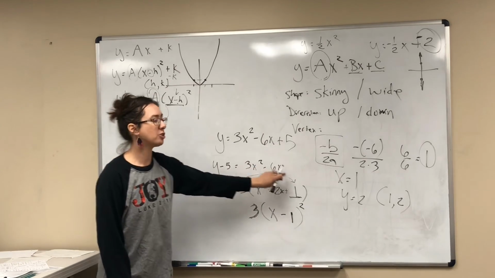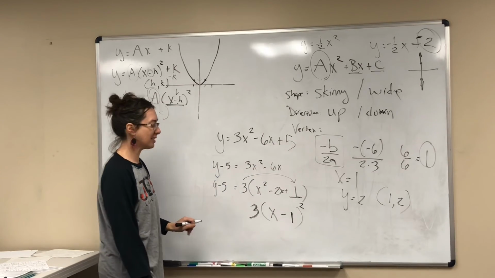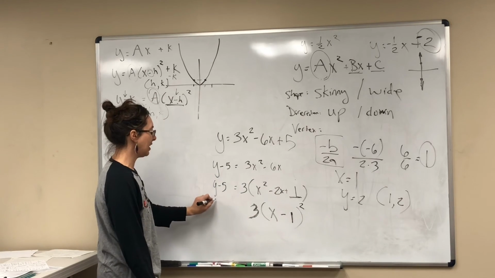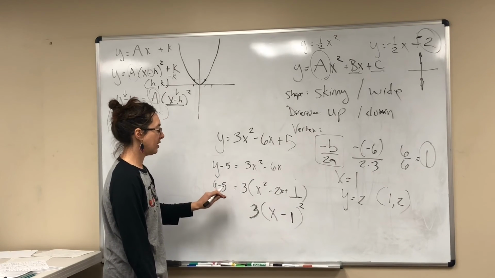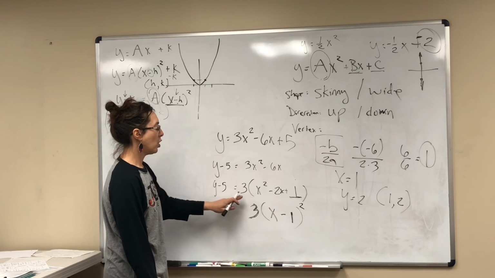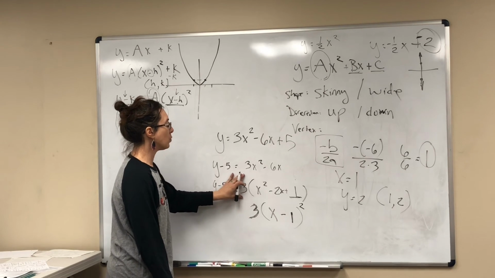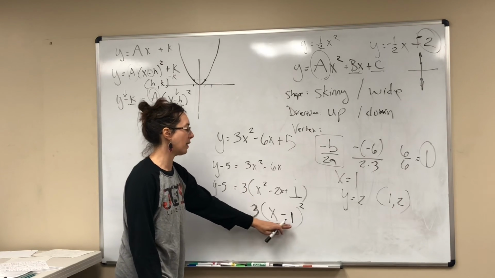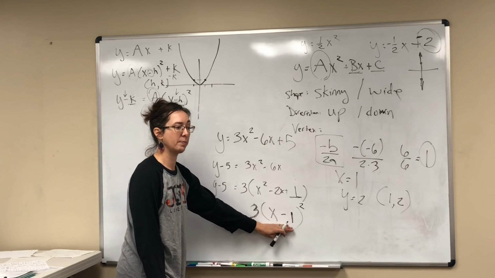Because this would be distributed out, correct? So since I added 3 on this side, but you took out 3. So you took it out, then you put it back in. Well, I removed it so that I could get my coefficient of 1 to go ahead and find my completing the square.